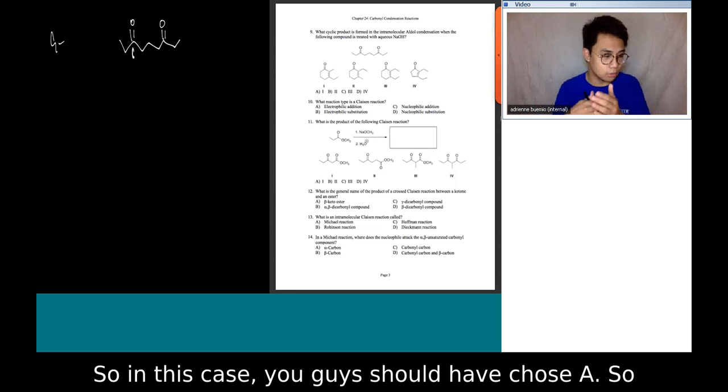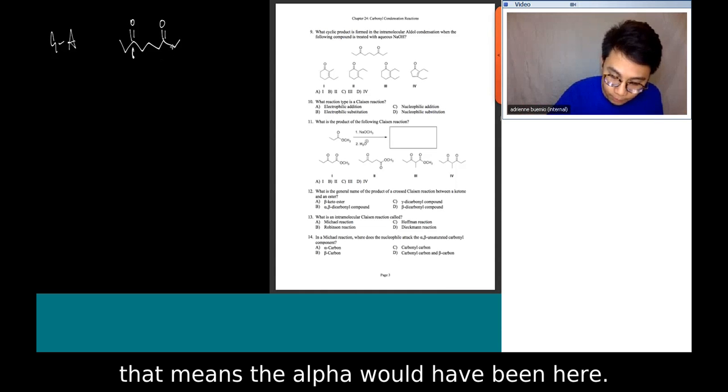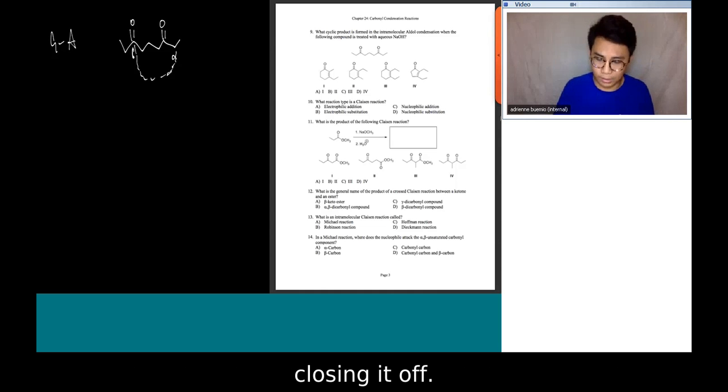So in this case, you guys should have chosen A, right? And so that means the alpha would have been here, so make a bond right there, and basically you're closing it off.